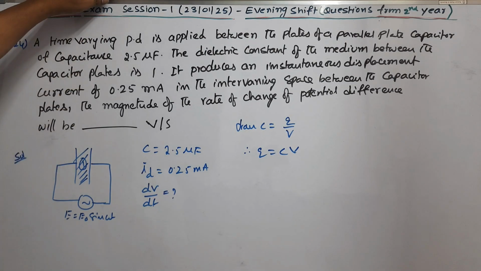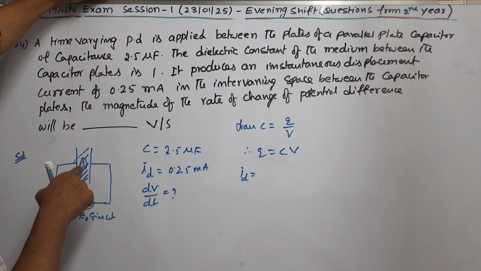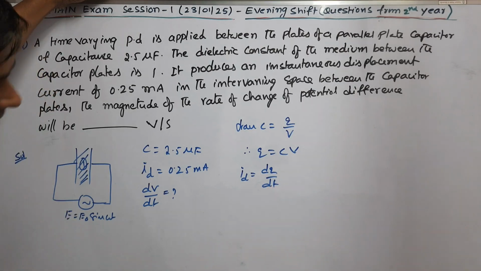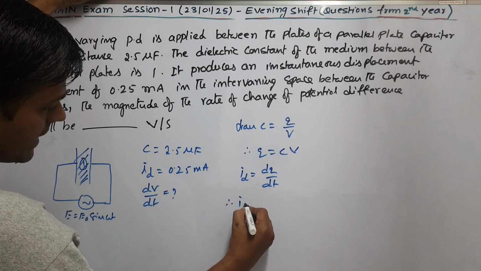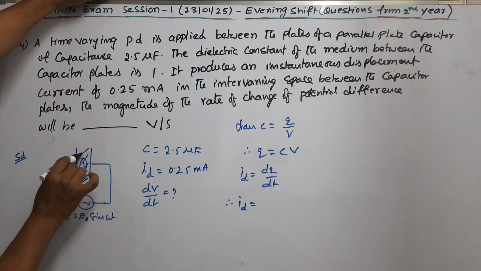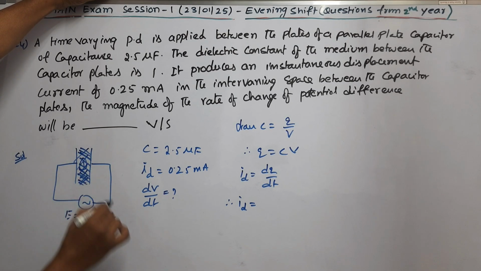Due to the intervening space, a current is developed, that is called displacement current. I is equal to dq by dt. Therefore Id, the displacement current, is developed in the space between the capacitor plates.